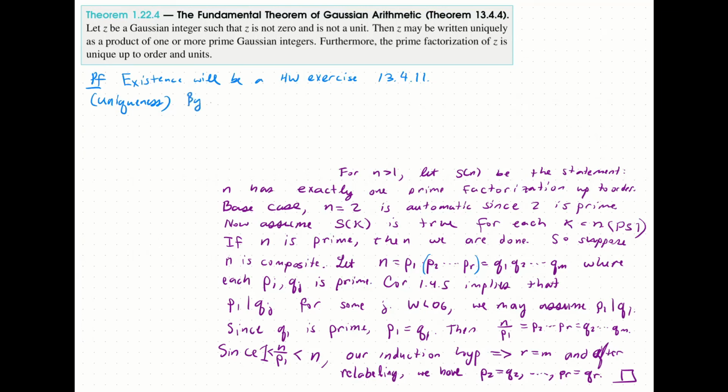So by existence, we have that every non-zero and non-unit Gaussian integer is prime or is a product of primes.